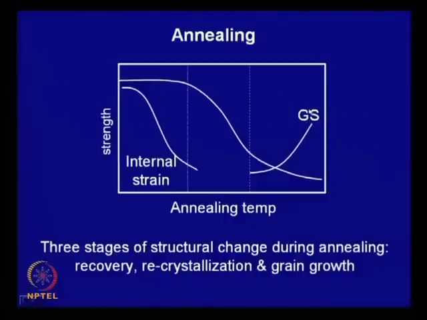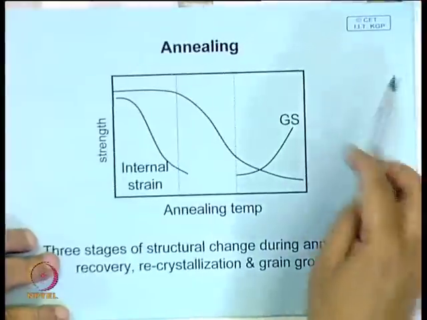Whereas the grain size, you will find over here, you have a very fine grain, but if you still raise the annealing temperature, beyond a certain temperature these grains keep growing and they can even become very large. So, what it means is that you can divide the process of annealing into 3 distinct stages, which are shown here in this diagram.